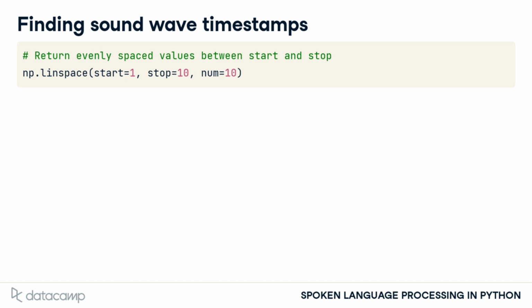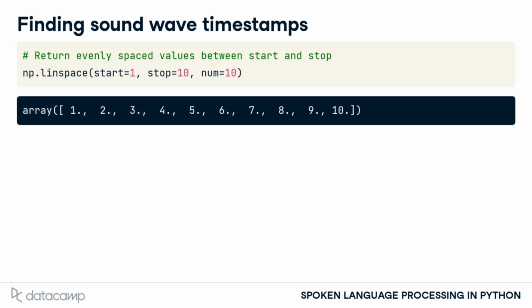The linspace method takes start, stop, and num integers as parameters. Calling it will return num evenly spaced values between start and stop. Let's try it with start as 1, stop as 10, and num as 10. As you can see, it returns an array of evenly spaced numbers between 1 and 10.